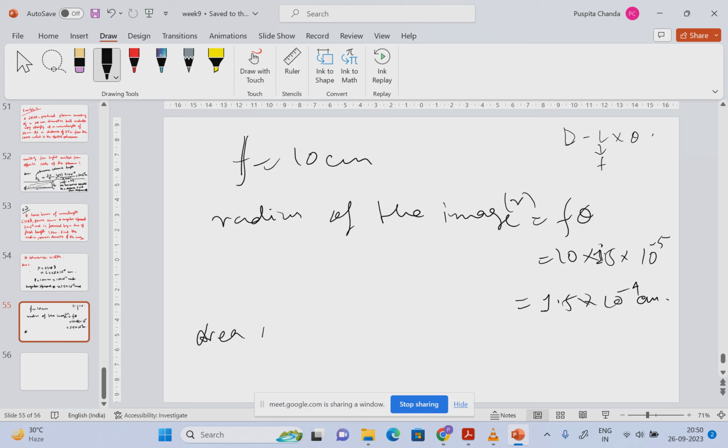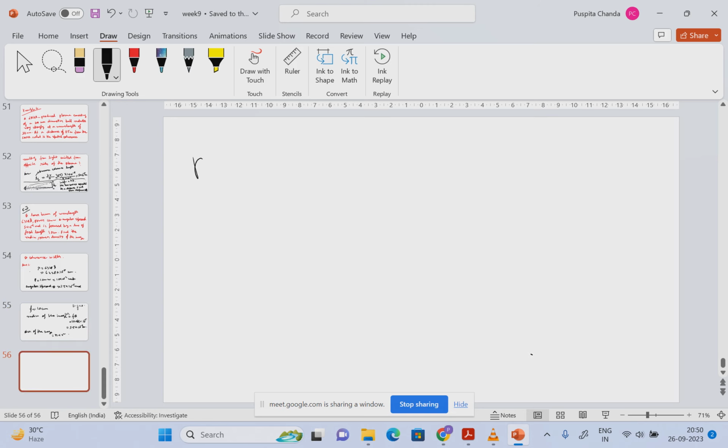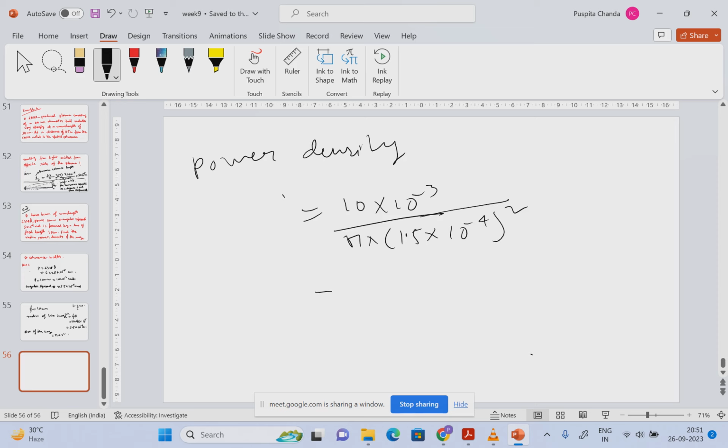Area of the image is pi r square. Power density will be power by area.